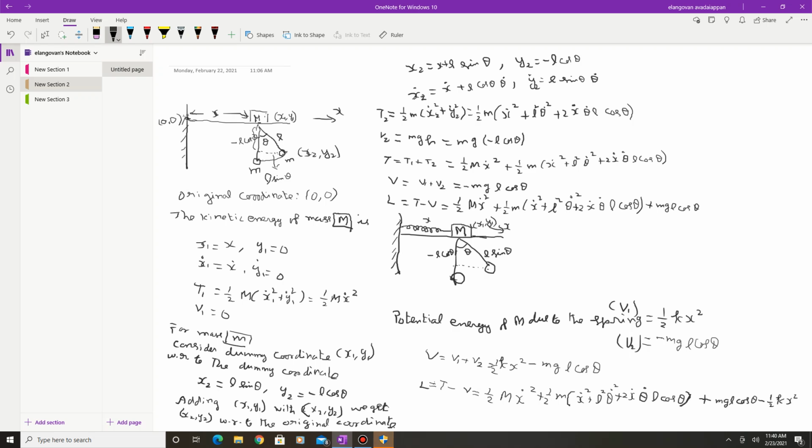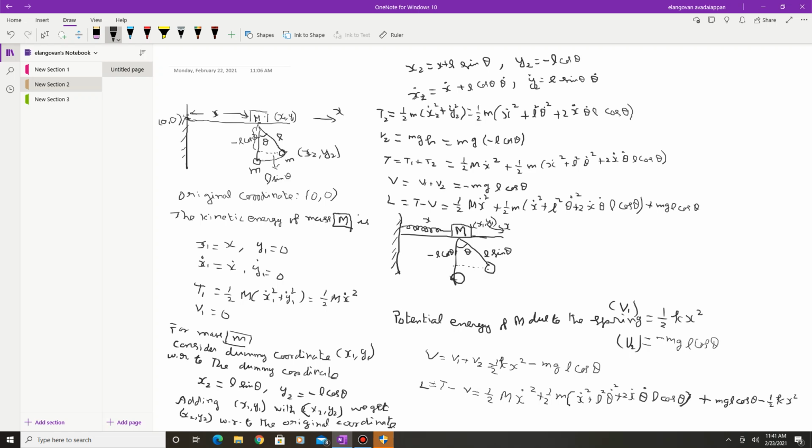Therefore, let us calculate the total kinetic energy. The total kinetic energy is equal to T1 plus T2. Already we have calculated the kinetic energy of the block of mass M. T2 is the kinetic energy of the bob of mass small m. Once you add, you will get T is equal to half M x dot square plus half small m into x dot square plus L square theta dot square plus 2 x dot theta dot L cos theta.